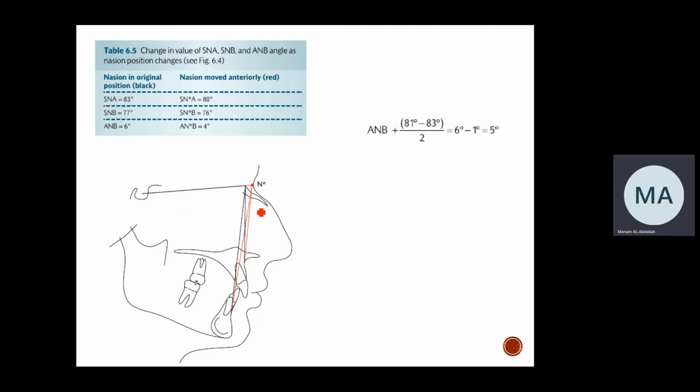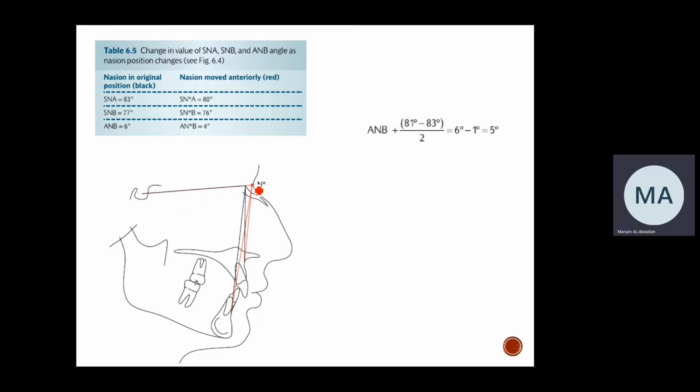And this diagram here, just to show you, if the end point due to growth has changed its position horizontally, if it becomes more anterior, for example, then the SNA angle and the SNB angle will be reduced.